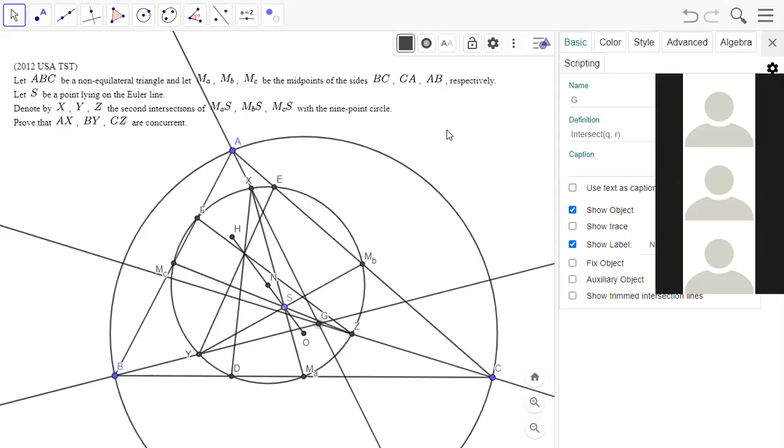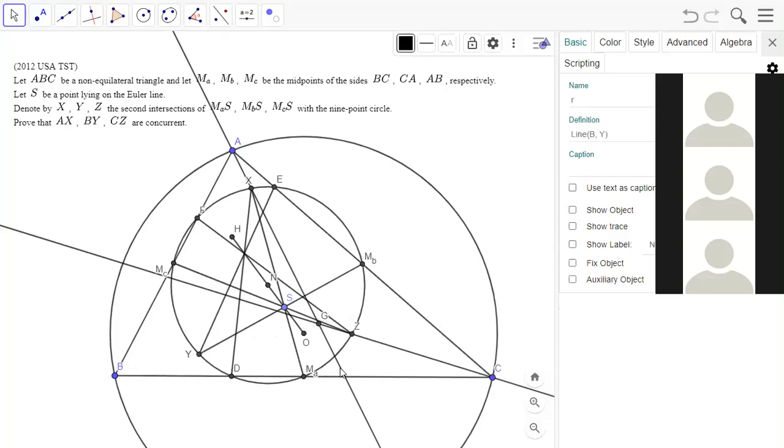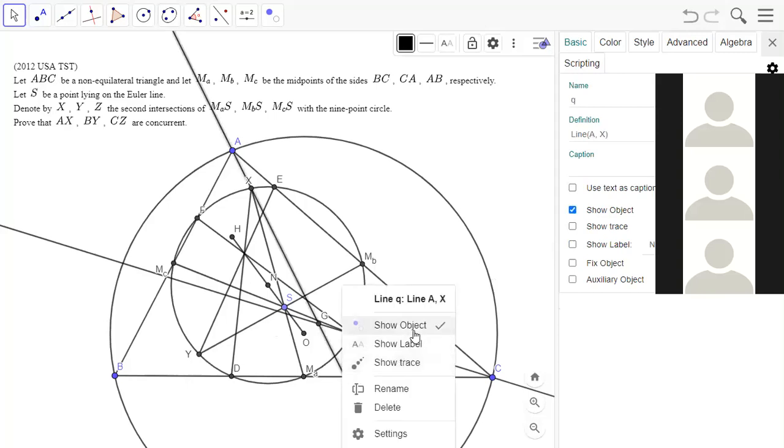Okay, so we want to show DX, YE, and FZ concur. I'm going to make these.